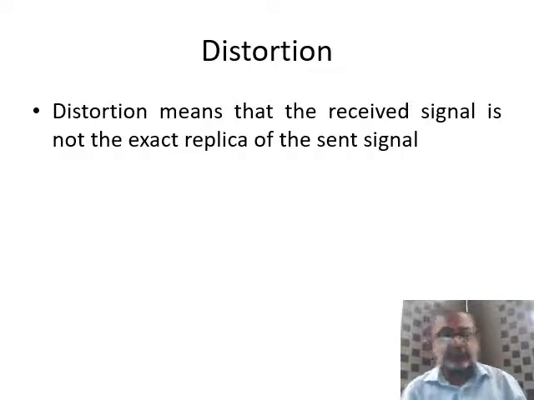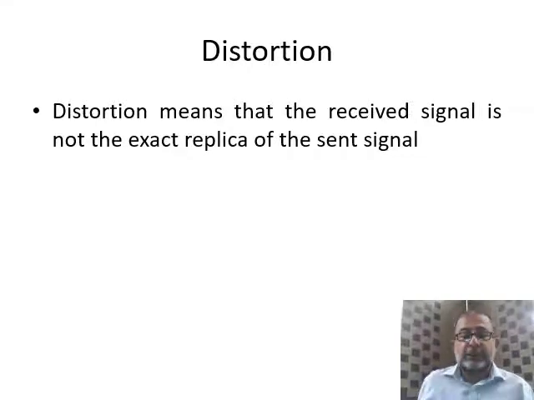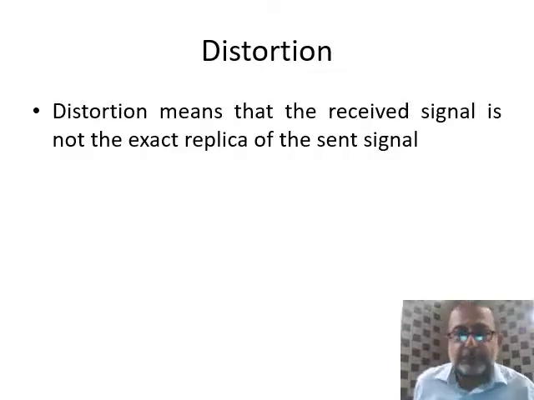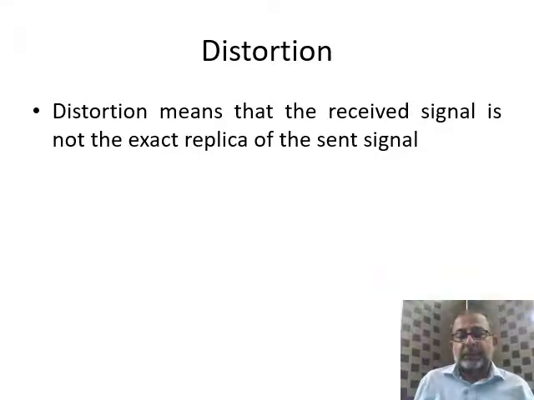Now let's see, first of all, what is distortion? What is the definition of distortion? Distortion means that the received signal is not the exact replica of the sent signal. It means that at the receiving end, the received signal is not like the signal that was sent at the transmitting end.